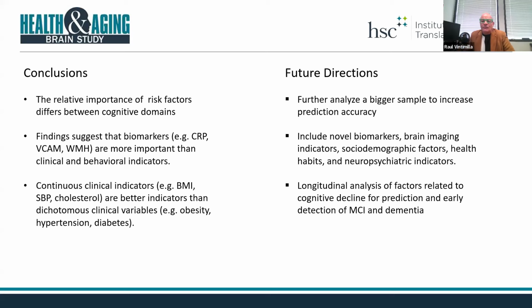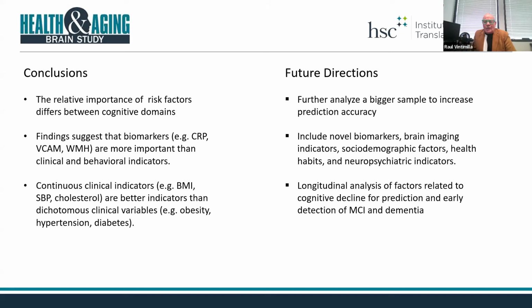In socio-demographic factors, it will be very important to have a historical ADI, because the one we use now is just cross-sectional and based on where the participants are living right now at the time of visit. We want to do a historical ADI to see how it affects cognition, and of course, other neuropsychiatric indicators.